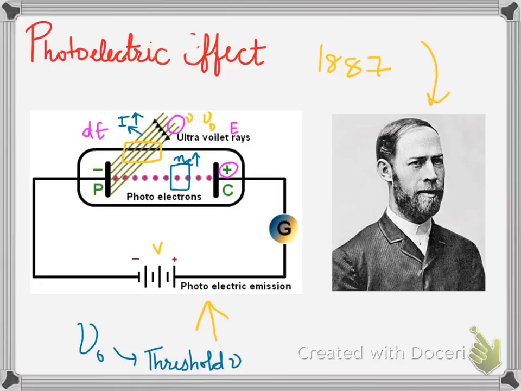And in the condition of mu greater than mu naught, another condition occurred: the ejected electrons come out with a certain kinetic energy. Because they are moving, they must have a kinetic energy. Let us assume that this kinetic energy is KE.